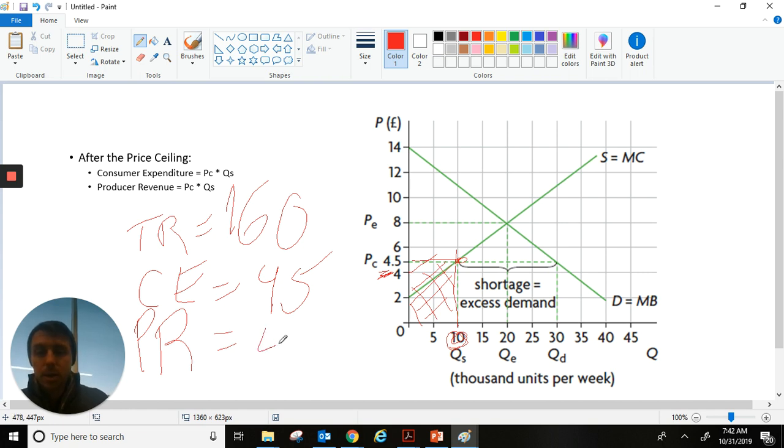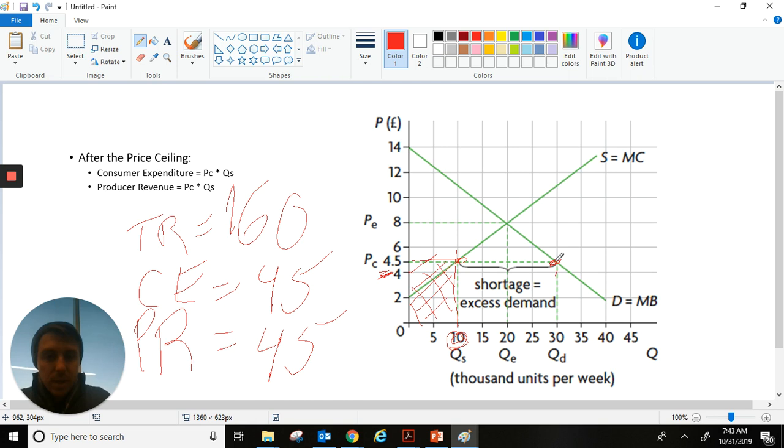You're just multiplying, doing the exact same thing. Those are identical numbers for ceilings and floors because we've just decreased the number. Now, as we follow the 4.5 across, we see that technically at this price, consumers demand, what's this at, 30.